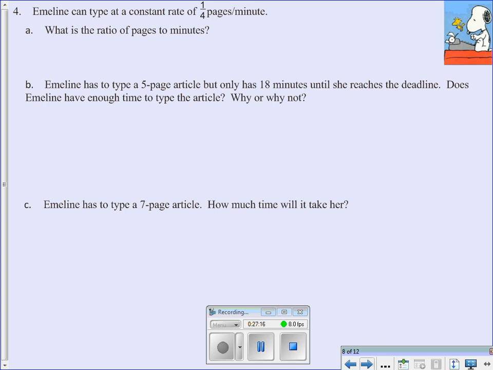She'll type 1 page in 4 minutes. Okay. So what is the ratio of pages to minutes? Using your highlighters. Some people still got this backwards on the test yesterday. Pages to minutes is what? What's the ratio? Absolutely, 1 to 4.